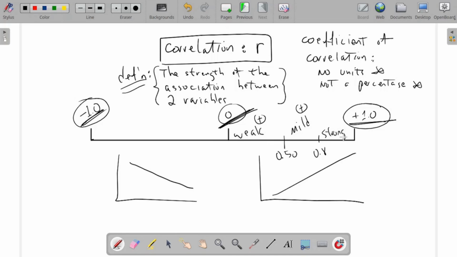Of course, this is symmetrical across to the negative side. This would be a weak correlation to negative 0.50. This would be a mild negative correlation out to negative 0.80, and then we would have a strong negative in the last part of our interval. There we go.